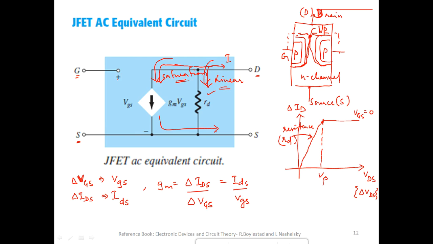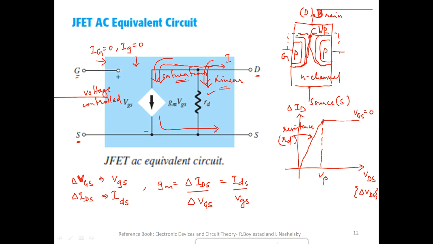So what about the input? Anyhow it is a voltage controlled one, and we know that the gate current is 0, right? So obviously the small variation in the gate current should also be 0, because the main IG is itself 0. Due to that, we are just keeping it as an open space here.